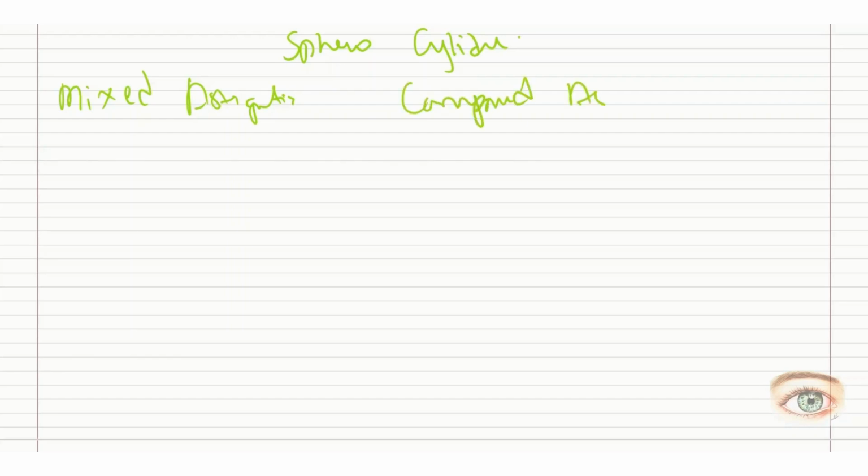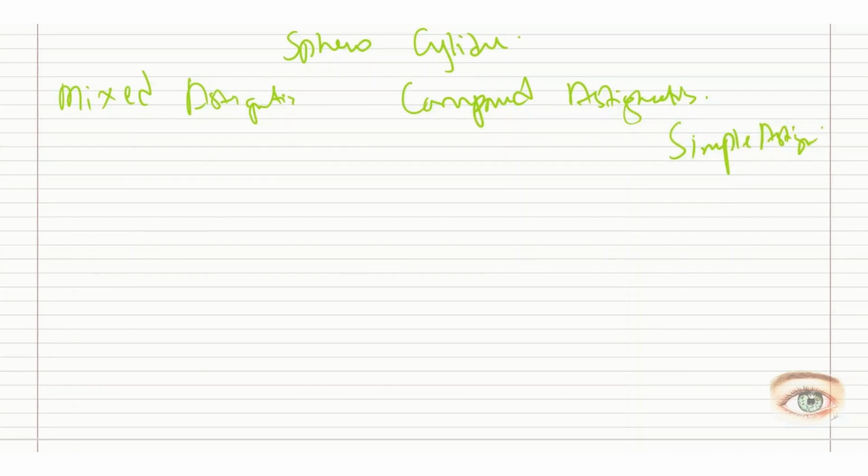Now, let's talk about a spherical cylinder. We know that we have mixed astigmatism, we have compound astigmatism, and we have simple astigmatism.